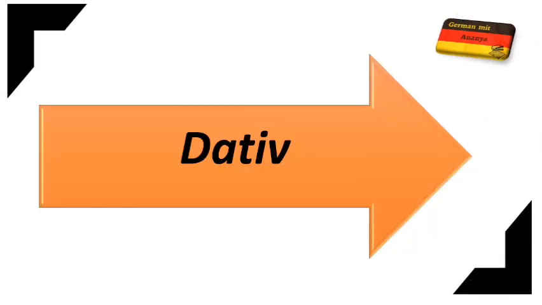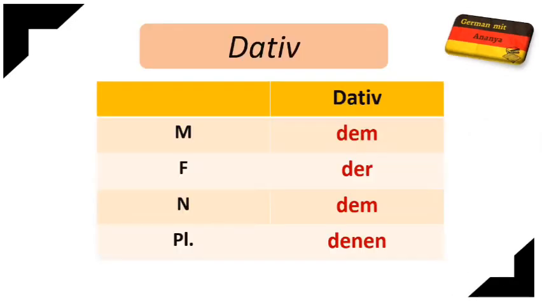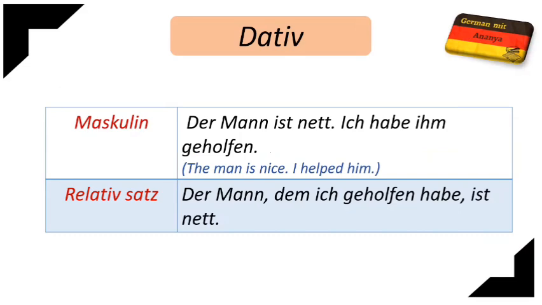Now, let's learn some examples of dative. Relative pronomen is dem, der, dem, denen. Now the dative sentence. Der Mann ist nett, ich habe ihm geholfen. So in both the sentences, man is common. You can see him is representing the man.